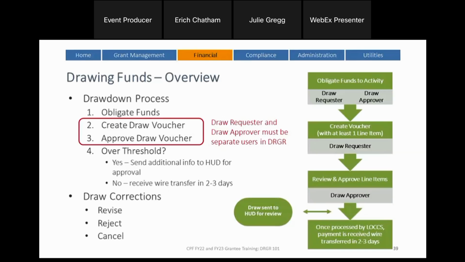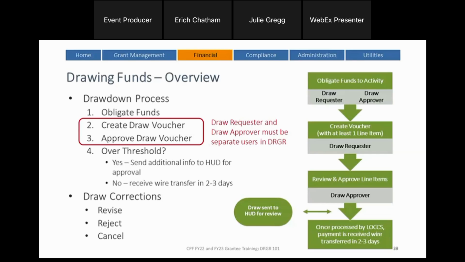So the first thing in the drawdown process is to actually come back in the financial module and obligate the funds. So you've budgeted the funds in the action plan, you'll obligate officially in the financial section, which then allows you to create the drawdown and approve the drawdown. Your grant agreement should indicate thresholds for individual drawdowns as well as daily drawdown limits.